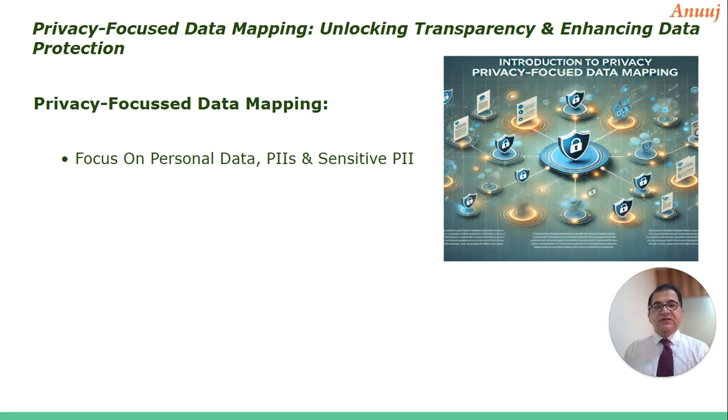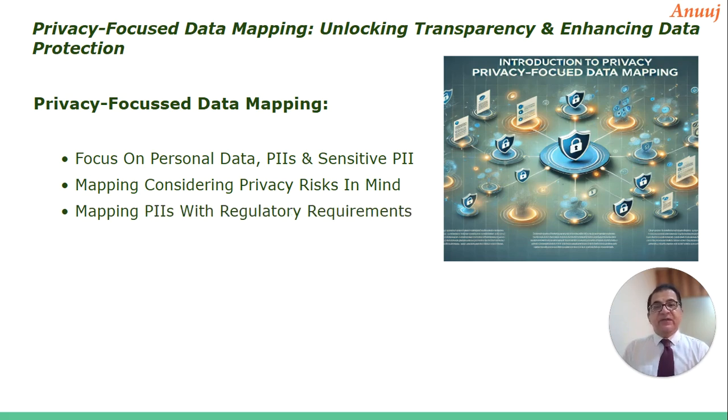And since we are related to privacy in the organization, privacy-focused data mapping is pretty focused on personal data, the sensitive personal data, the PIIs that we know, the information that helps identify an individual. You map them keeping privacy risk in mind, that it should not get breached out of your organization, and map them with the regulatory requirements, how your regulators have defined the handling of the personal data.